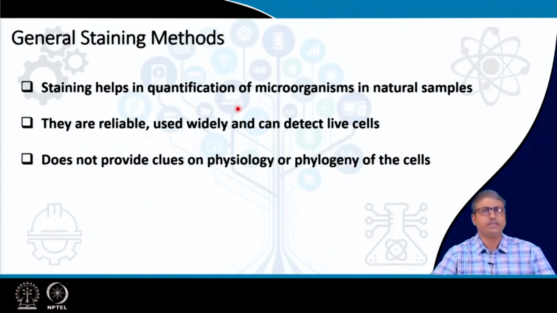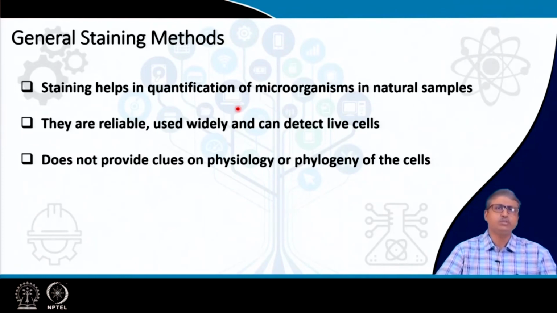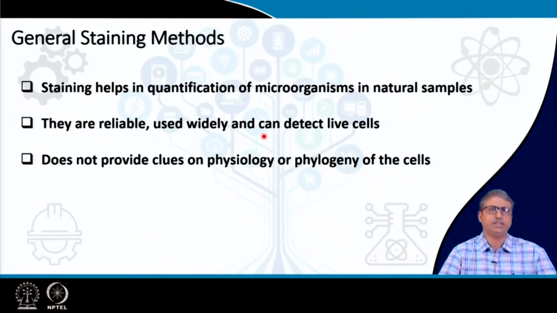Now, there are different staining techniques. These techniques are found to be quite reliable and have been used widely for a long period of time, because for the last maybe 30 years or so, the staining methods have been developed from light microscopy to fluorescent microscopy, and they are used widely across different environmental samples, and also they have been improved continuously.